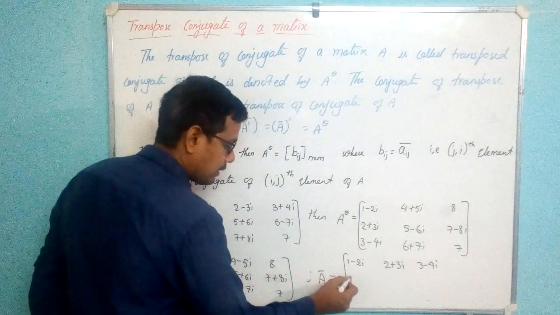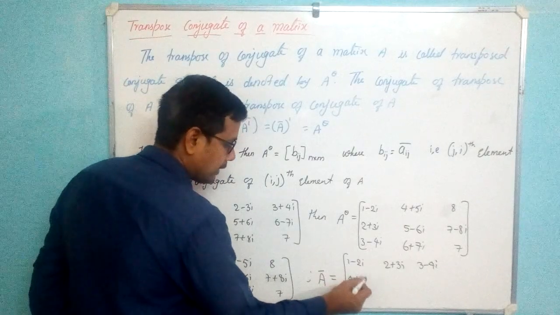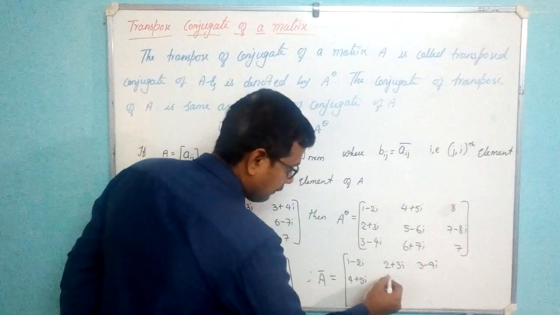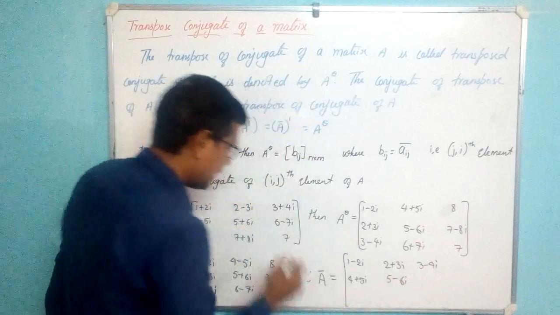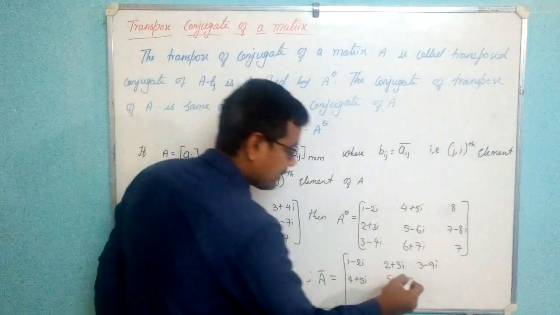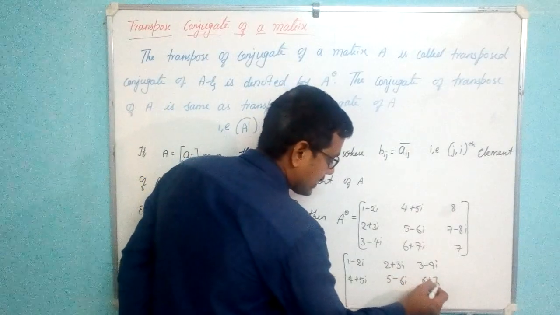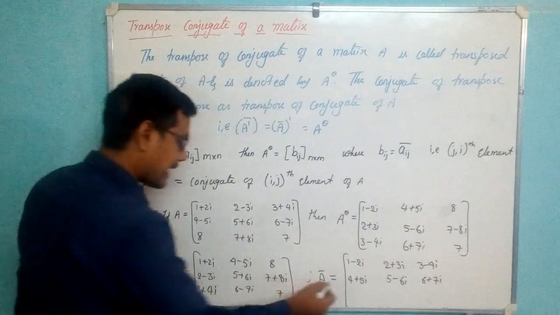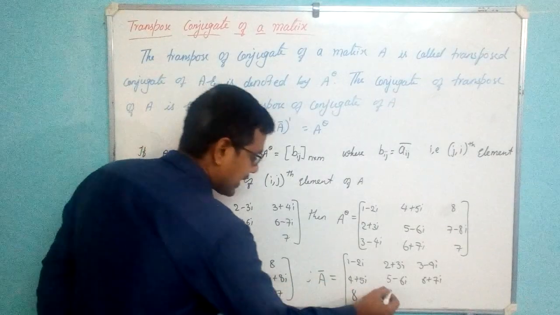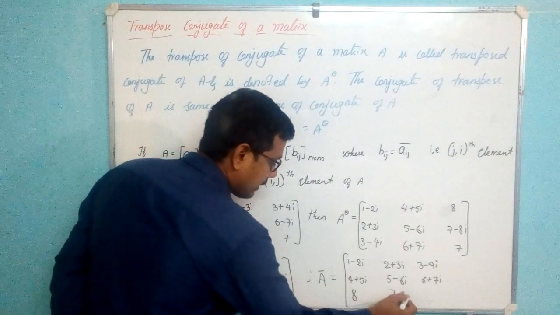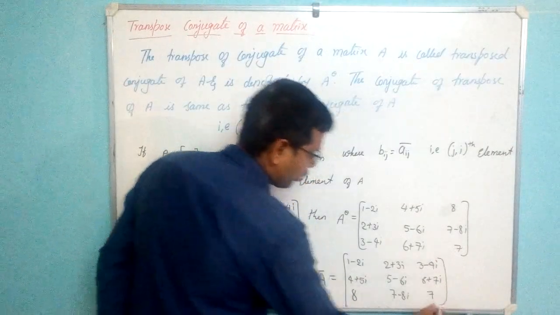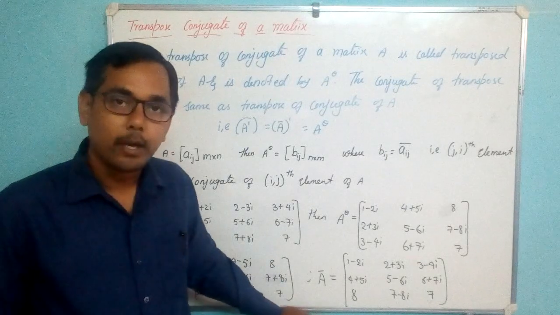It becomes 4 plus 5i. 5 plus 6i becomes 5 minus 6i. Then 6 minus 7i becomes 6 plus 7i. Then 8 is as it is. 7 plus 8i becomes 7 minus 8i, and 7 as it is. So this is A conjugate.